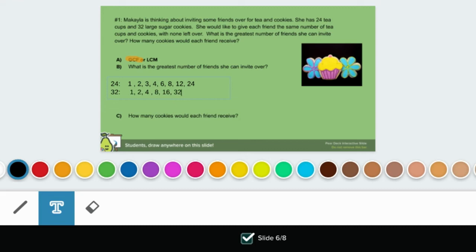So the largest number that I see is 8. So that means that she can have 8 friends over. And if she has 8 friends, and we divide 32 cookies by 8 friends. If I take 32 and divide by 8, each person will get 4 cookies.